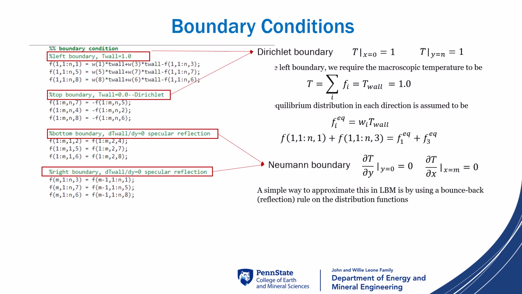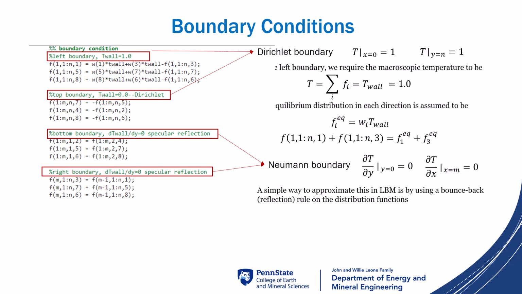In the LBM framework, we don't assign this temperature directly. Instead, we reconstruct the incoming distribution functions so that they correspond to the desired temperature. To do this, we use the equilibrium weights, the known wall temperature, and the outgoing values from the interior of the domain.